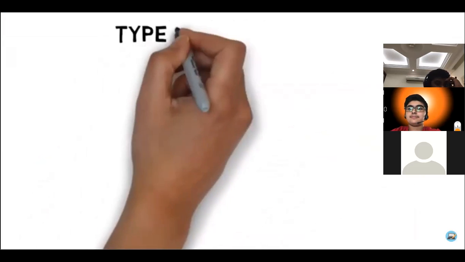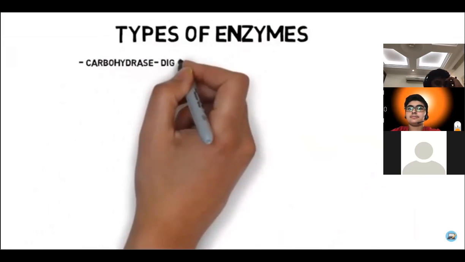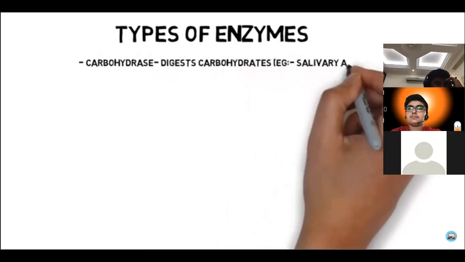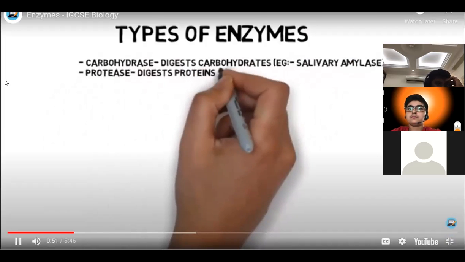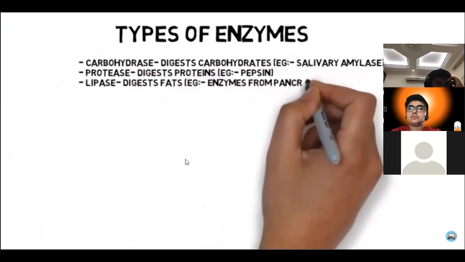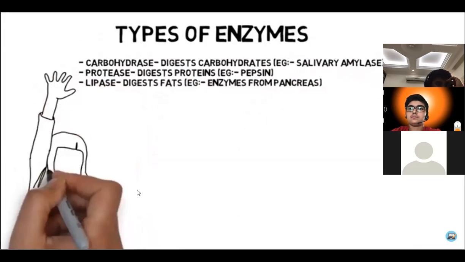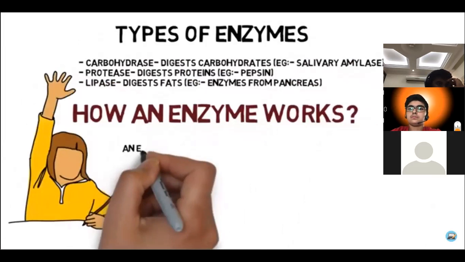Types of enzymes. Carbohydrase digests the carbohydrates, e.g. salivary amylase. Protease digests the proteins, e.g. pepsin. Lipase digests the fats, e.g. enzymes from the pancreas.